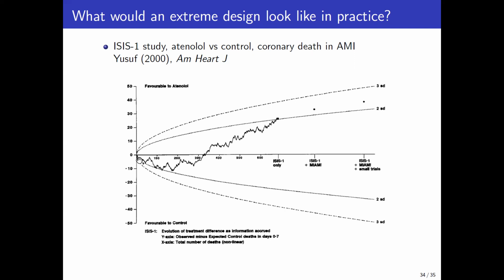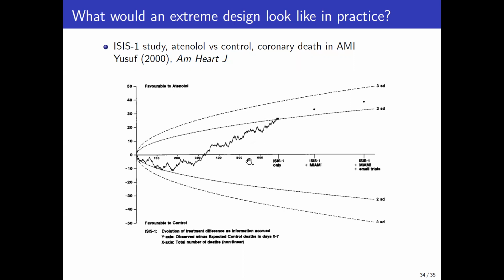This is the ISIS-1 study. And you see that what happened was that the treatment effect went very strongly in favour of placebo before reaching significance in favour of the experimental treatment, atenolol. If we were to have done adaptive randomisation there, although there's a strong treatment effect, the adaptive randomisation would have favoured placebo early on and probably taken some time to catch up.